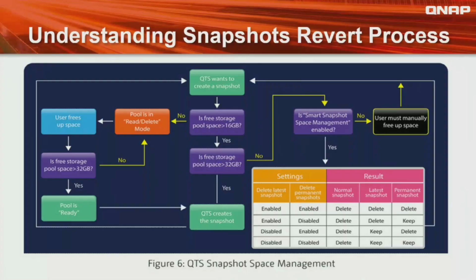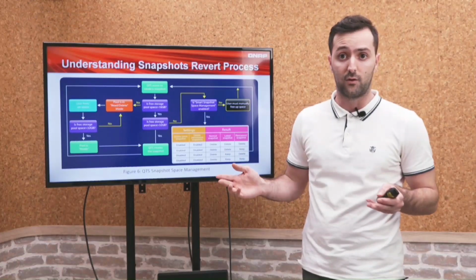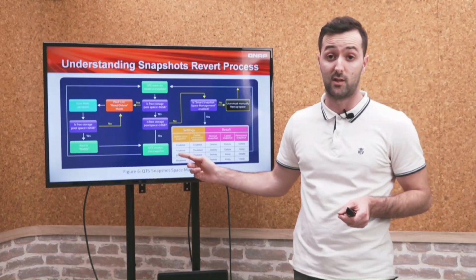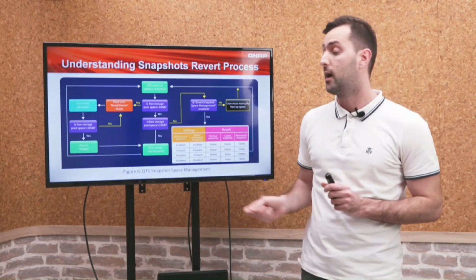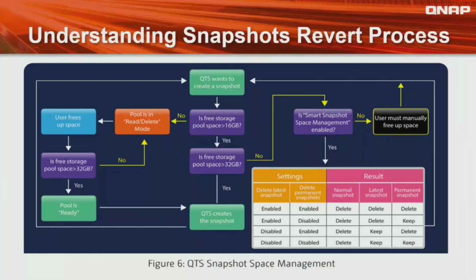So if the QTS wants to create a snapshot, first it will ask if there is enough storage pool space. If there is, for example, larger than 60 gigabytes, then you go yes. And then, is the free storage pool space larger than 32 gigabytes? Then the QTS creates the snapshot. But at each step here, for example, if there is no 16 gigabyte free space, it will move the pool to read or delete mode and free up space.